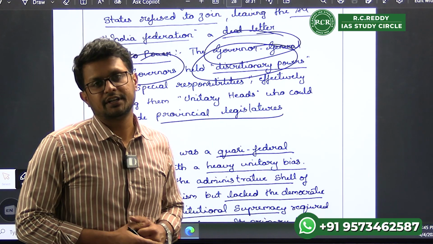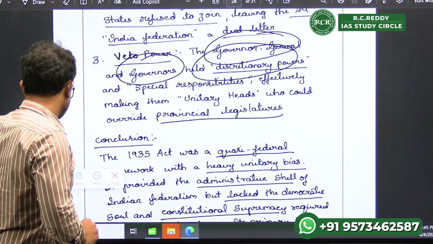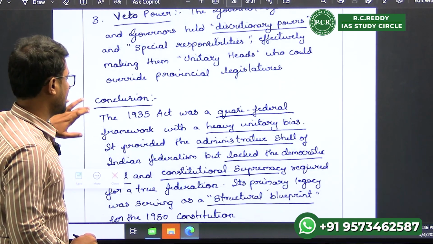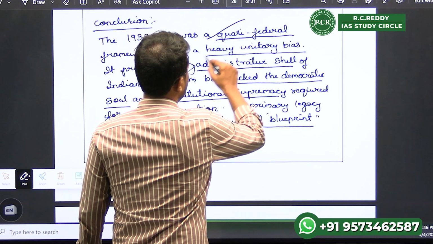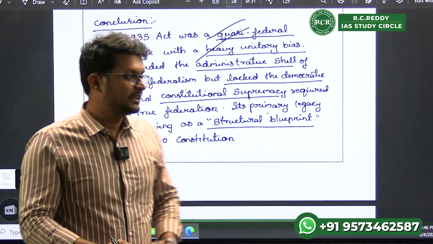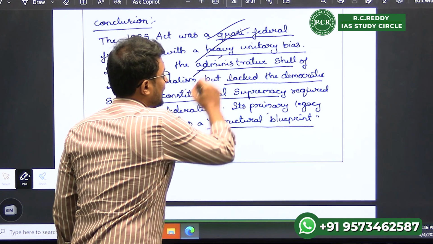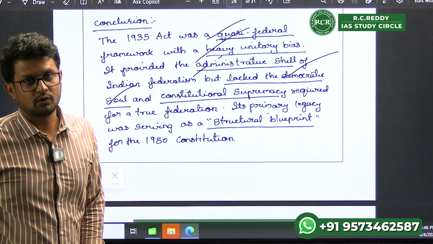Hence, all these points you can discuss and say that the 1935 Act was a quasi-federal legislation with heavy unitary bias. Though you tried to create an administrative shell or framework, it lacked democratic soul. Why did it lack democratic soul?